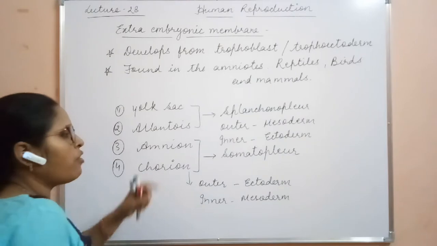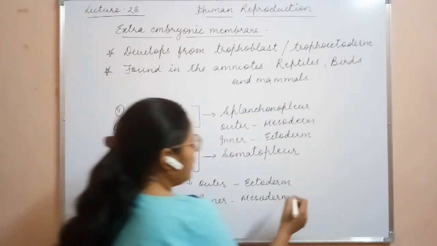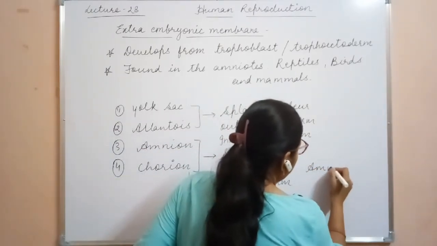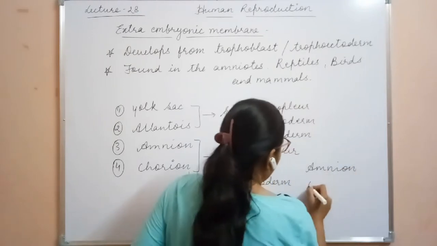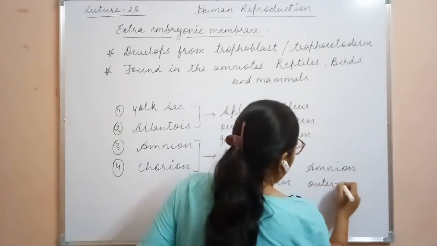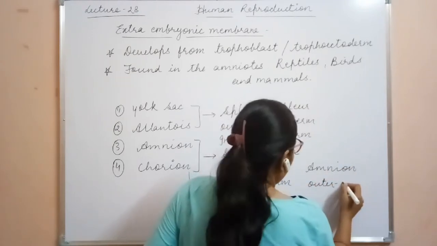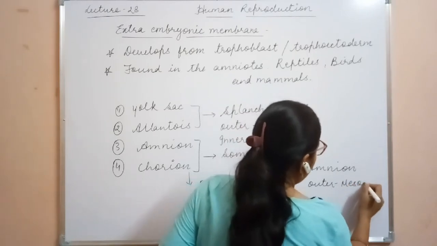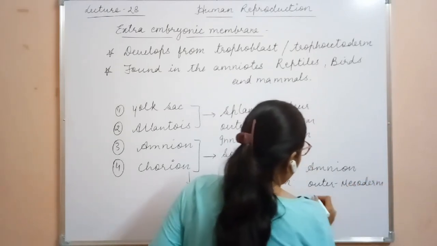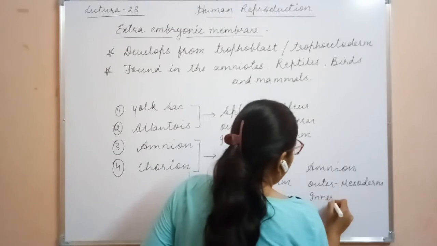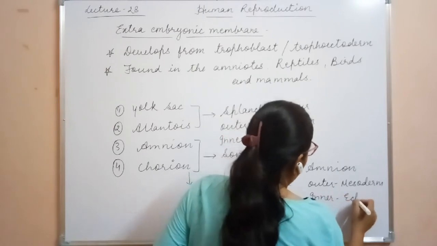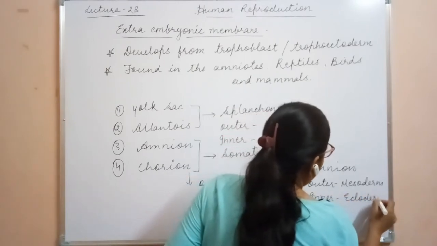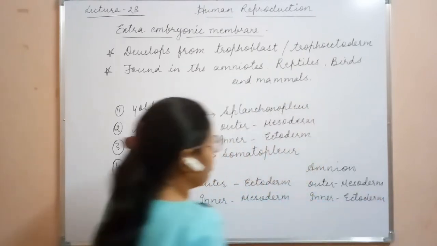And in case of amnion, the outer membrane is mesoderm and the inner membrane is ectoderm. We will see this arrangement in the diagram also.